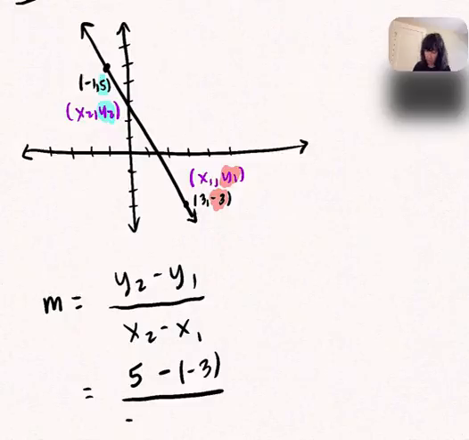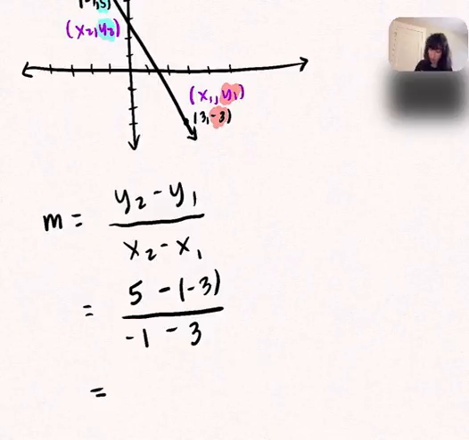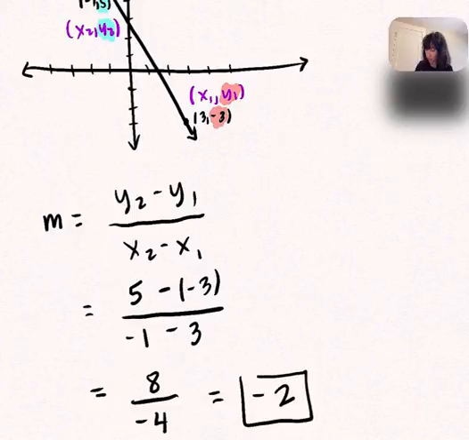So x2 is -1 and x1 is 3. Now I can go through and simplify this. So this becomes 8 over -4, which is equal to -2. And that is the slope of the line in this picture here.